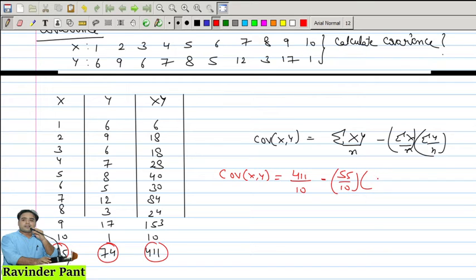This is 74 by 10, mean of y, and you can easily calculate these values. This is 41.1 minus 5.5 multiplied by 7.4, so this will become 41.1 minus 40.7, and the covariance value is 0.4.